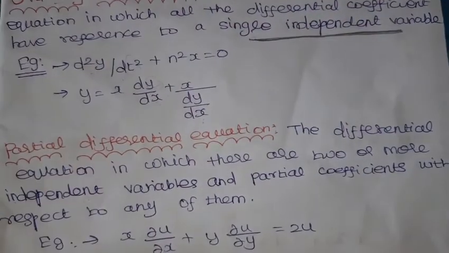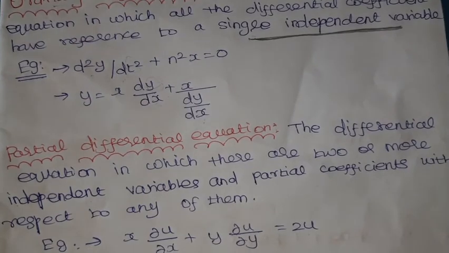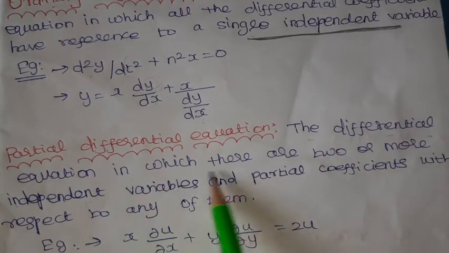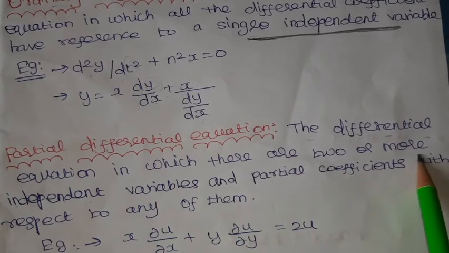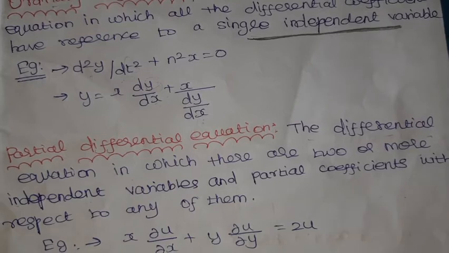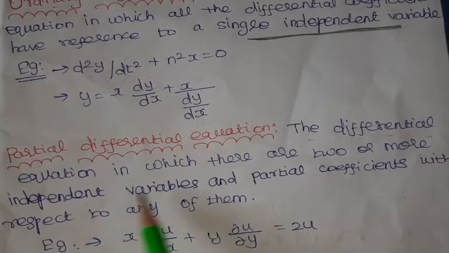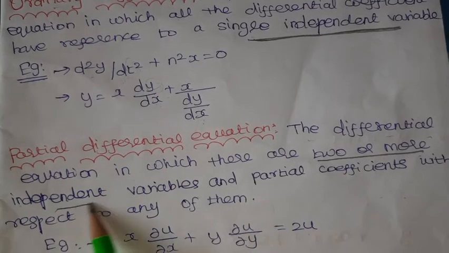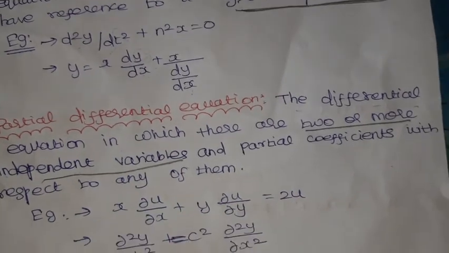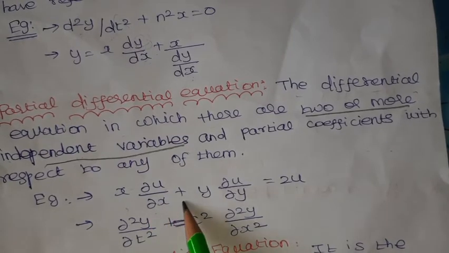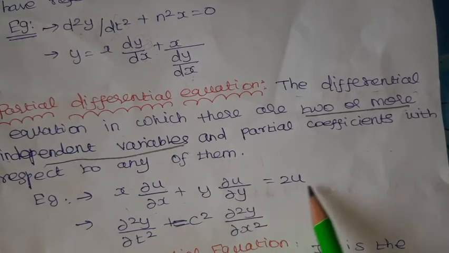Then what is a partial differential equation? The differential equation in which there are two or more independent variables and partial coefficients with respect to any of them. It is dependent on two or more independent variables. Let's see the example. x dou u by dou x plus y dou u by dou y equal to 2u.